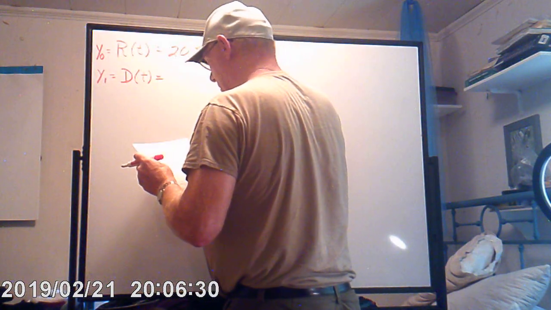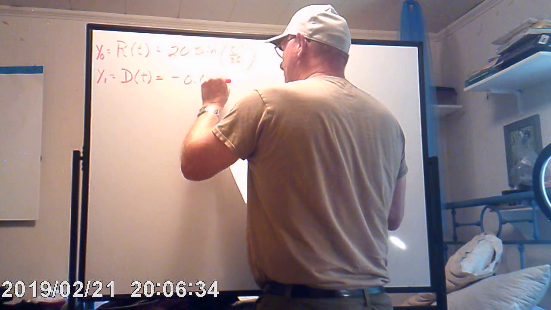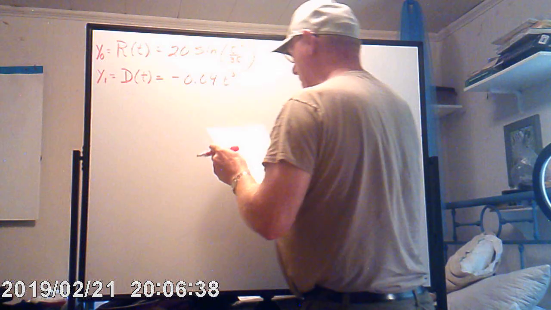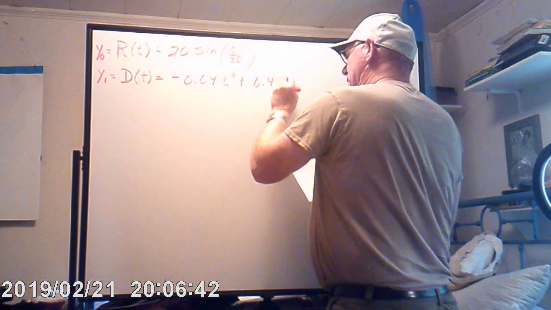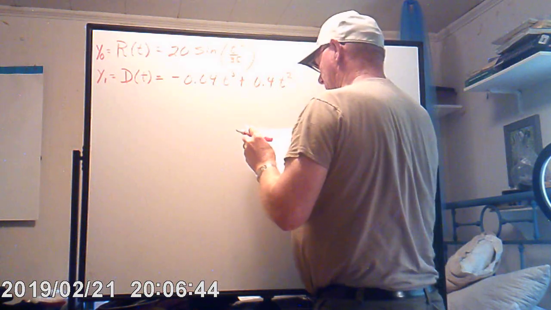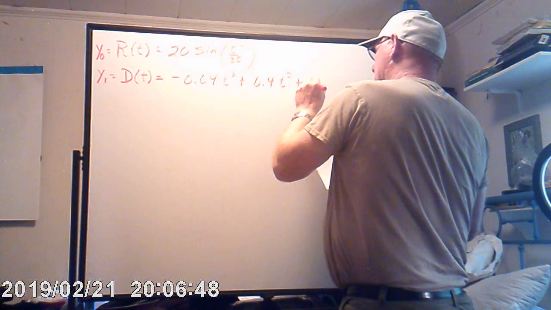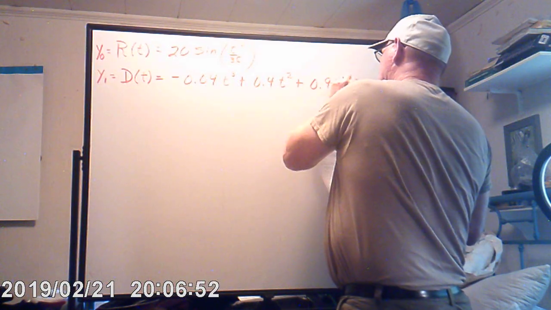let's see, d at t, so negative 0.04 t cubed plus 0.4 t squared plus 0.96 t.